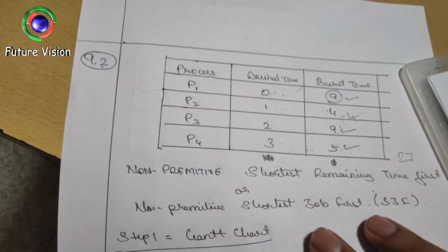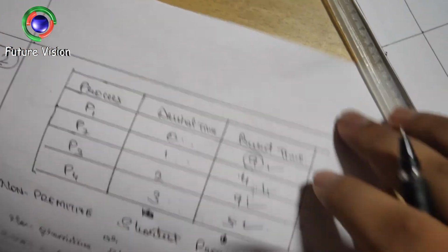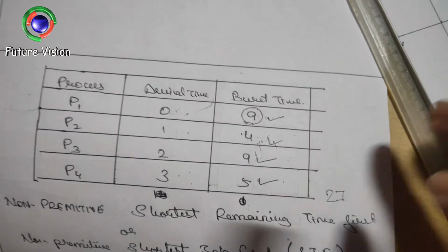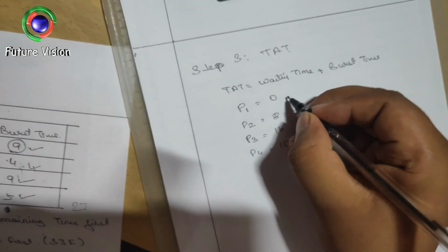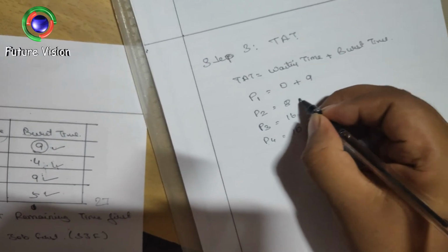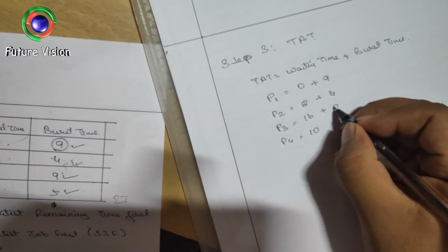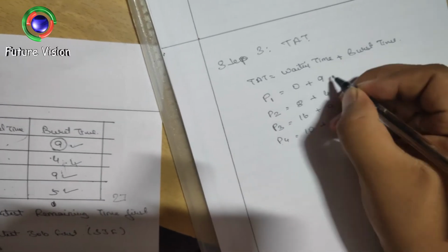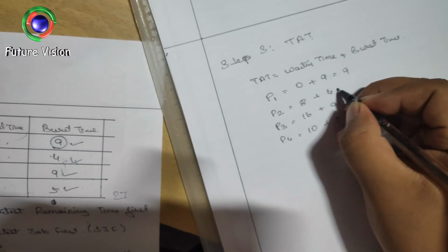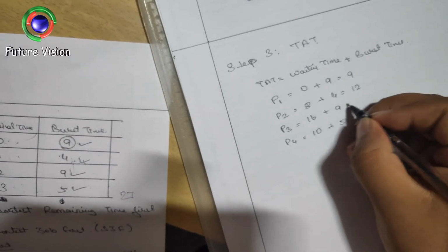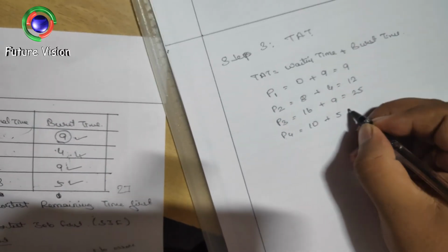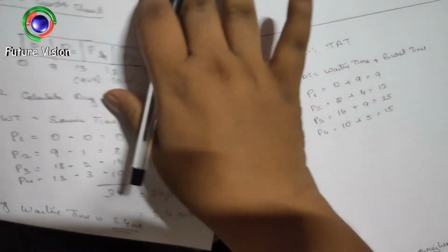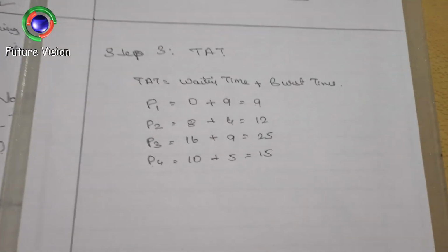The burst time is already given in the table, that is 9, 4, 9 and 5. So we take it into these processes: 0 plus 9 equals 9, 8 plus 4 equals 12, 16 plus 9 equals 25, 10 plus 5 equals 15. We have calculated this.